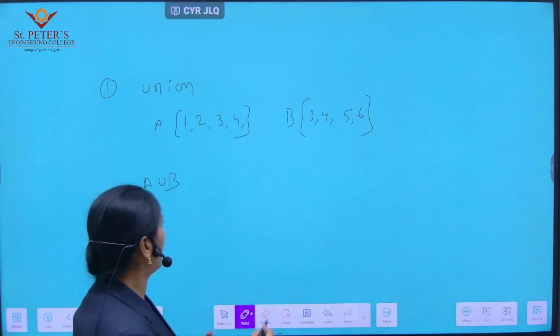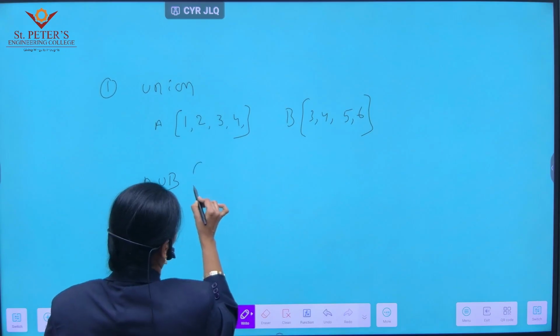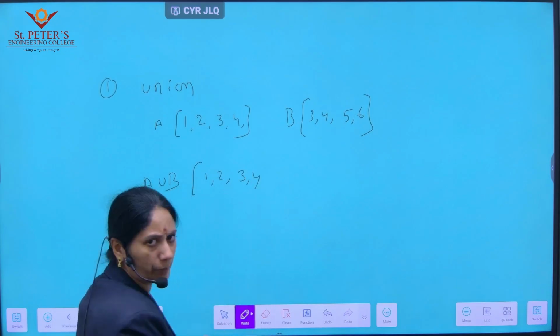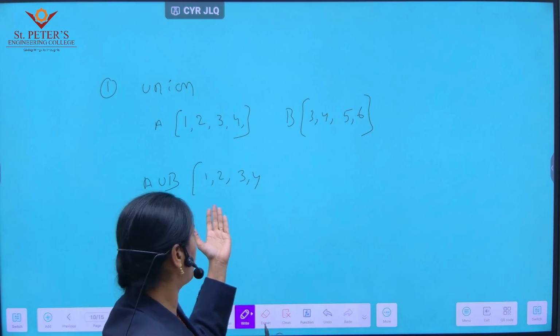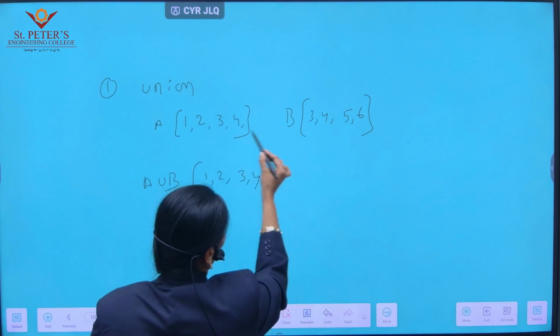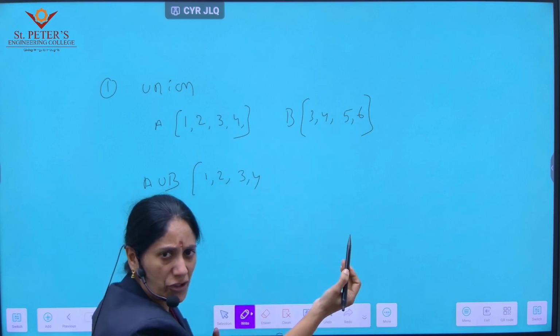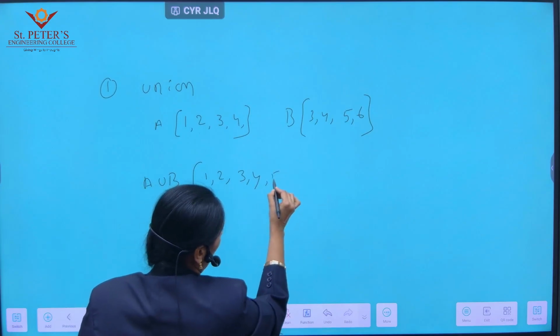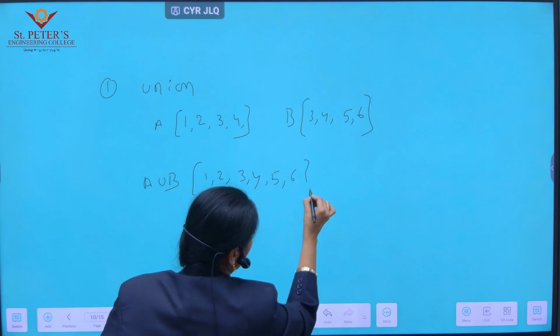In relation A we consider the values 1, 2, 3, 4. Again 3 and 4 are also in the second relation, called B. Leave those duplicate 3, 4, then select 5, 6.